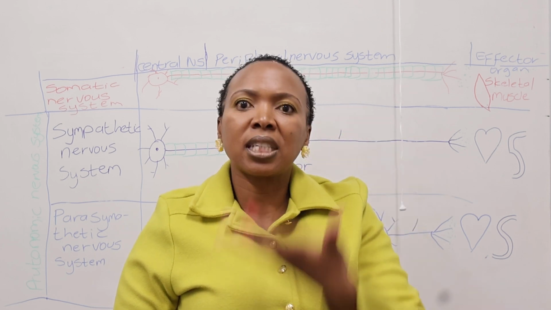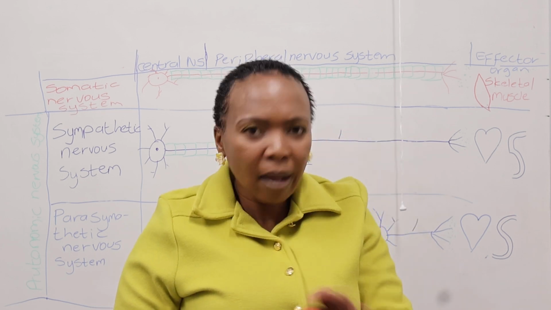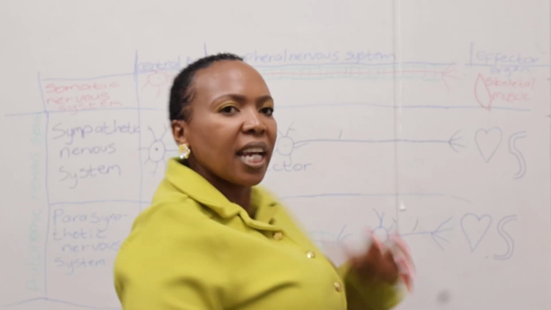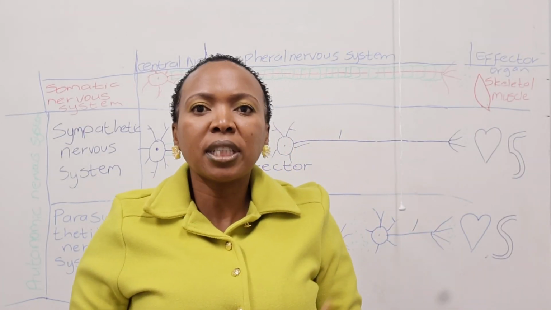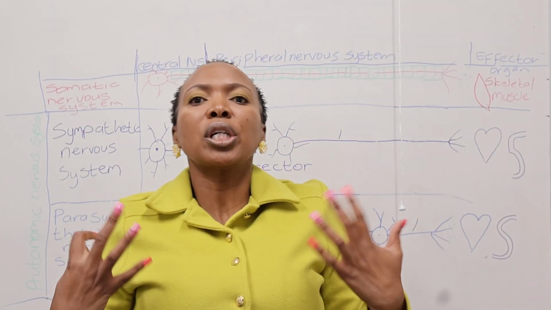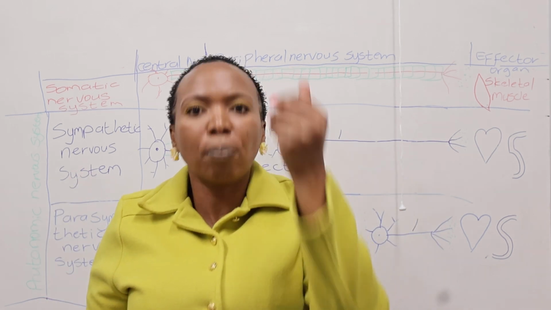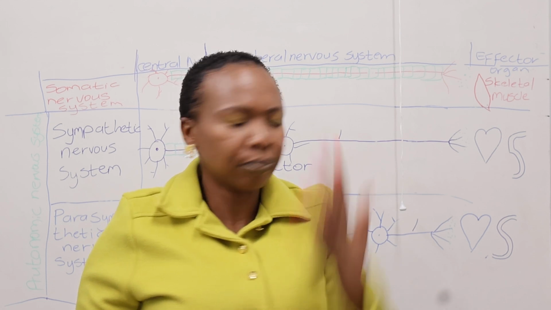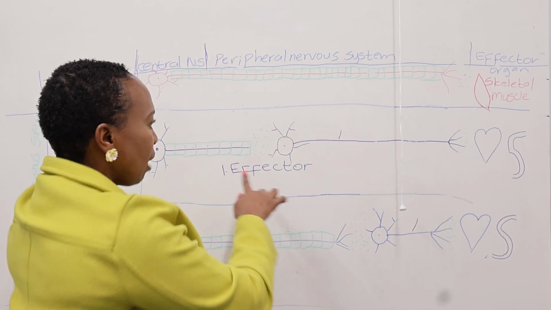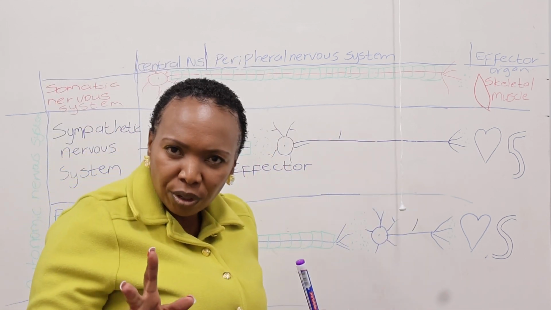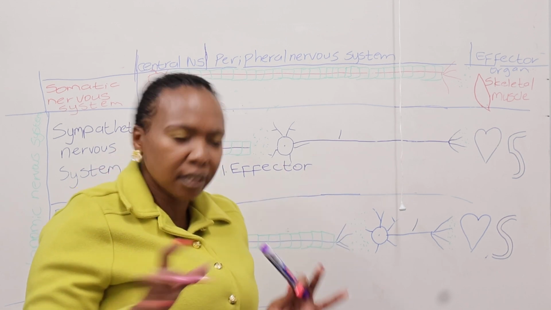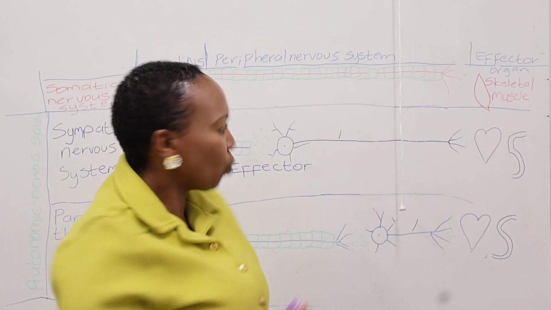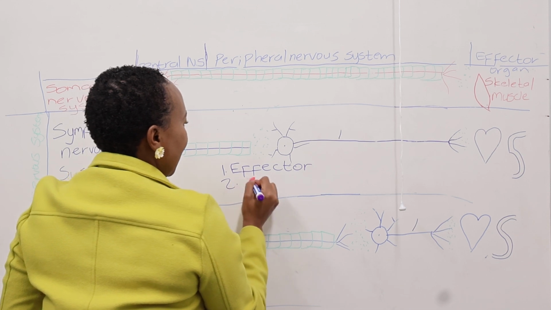Those are the effector organs for the autonomic nervous system. They are called effector organs because they are able to respond to the directions by the nervous system. So in terms of the effector organ, we know the differences. Number 2, in terms of a ganglia.